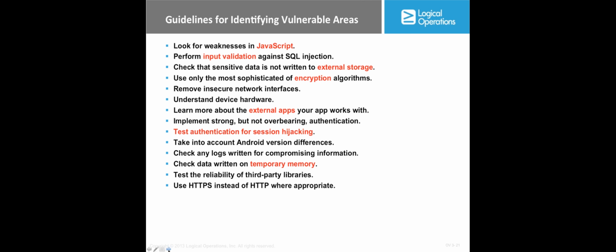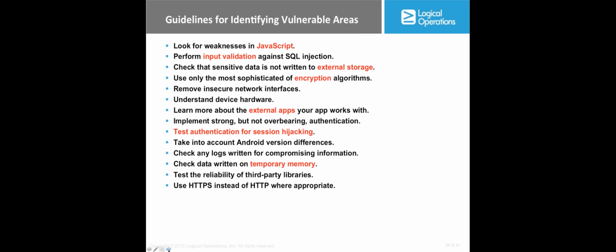So look for the weak JavaScript. Perform your own input validation. Make sure you have constrained fields protecting against SQL injection. The first two take care of probably 60% of knowns, whether it be cross-site scripting or SQL injection.